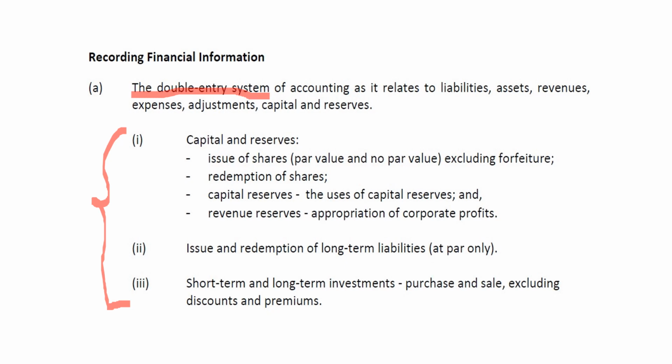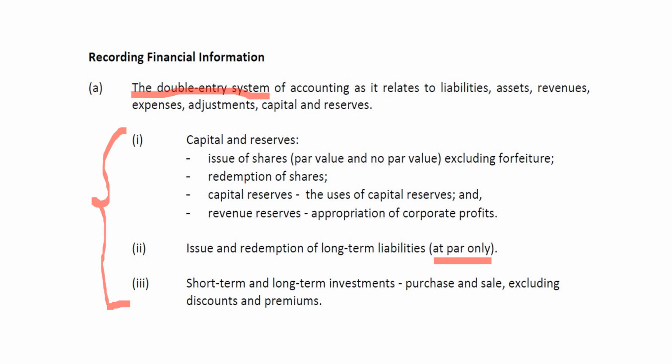Alright, same thing with the issue and redemption of long-term liabilities. You're going to get it at par only, so there's not going to be any reserve or premium and discounts, right? And you should be able to make the entry.